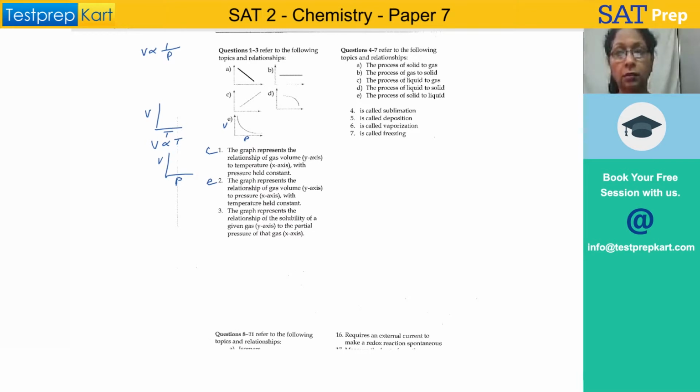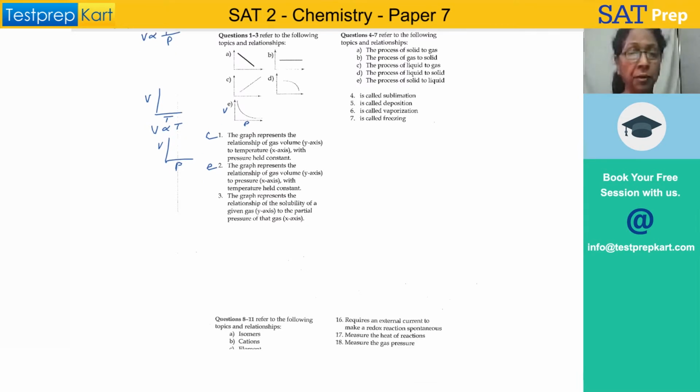Third is the graph represents the relationship of solubility of a given gas on y-axis to the partial pressure of the gas on x-axis. So if we remember Henry's law, solubility of any gas is directly proportional to the partial pressure of the gas and inversely proportional to temperature.